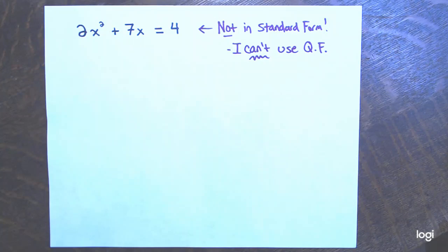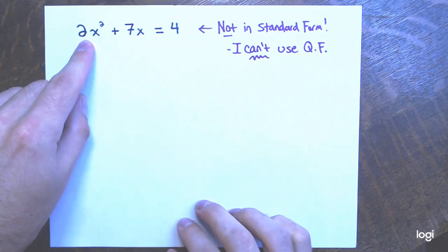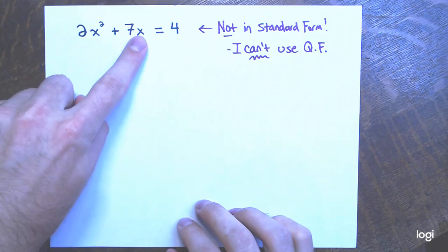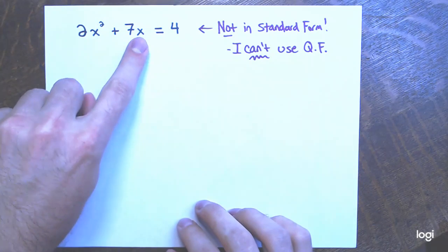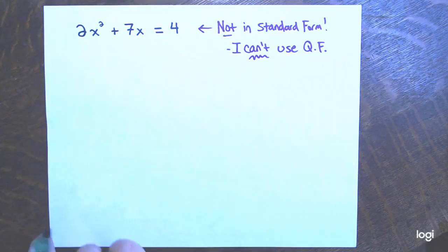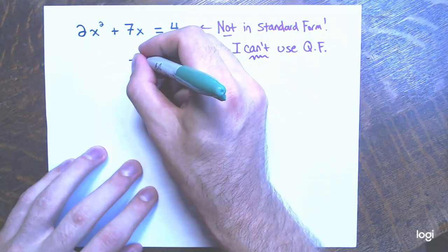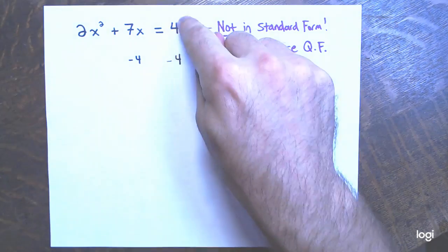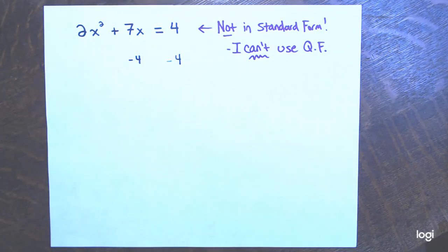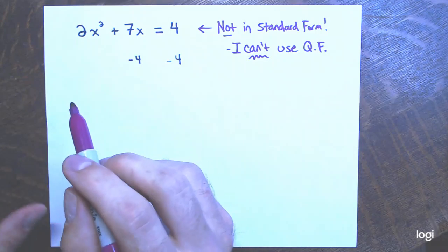So I have to put it in standard form. Now I've already got the ax squared plus the bx on the left side. I just need the 4 over there, right? So to get rid of that 4 on the right side, I'd be subtracting 4 from both sides. Make that into 0. I want everything on one side, 0 on the other.